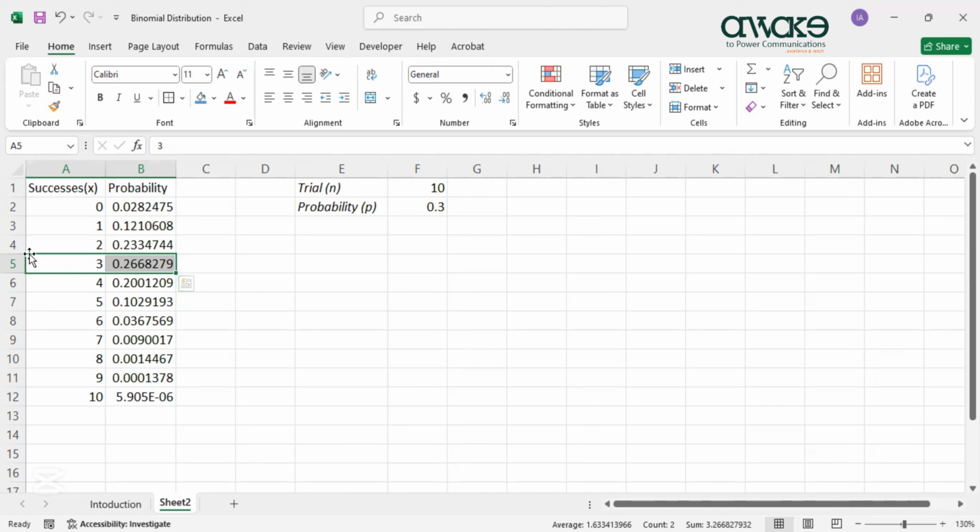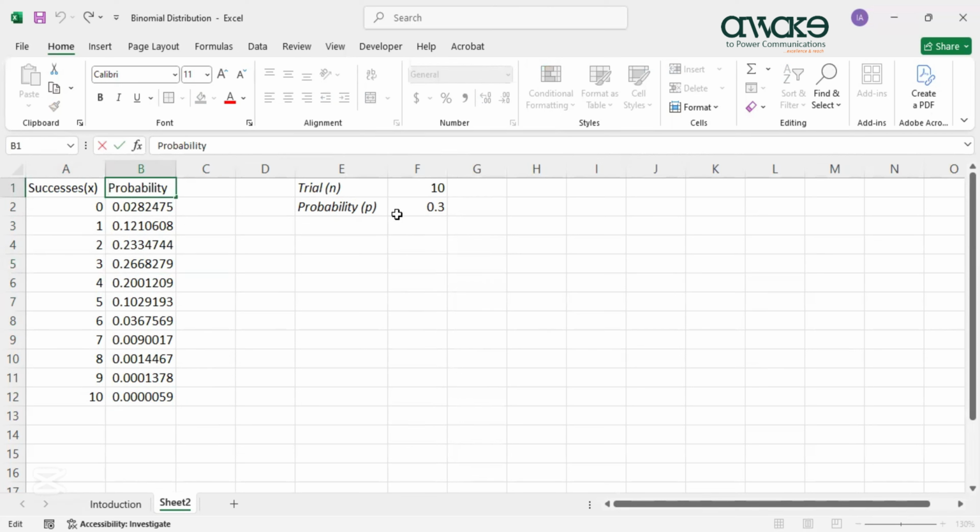When you come to 3 successes in our new calculations, because we use the same number of trials and the same probability we used earlier, with all that being constant, we will get the same value here. So we can easily visualize this now. That is the number of successes and the exact probability.